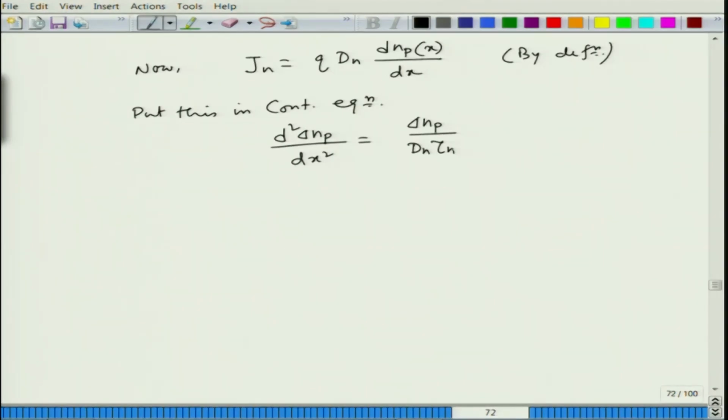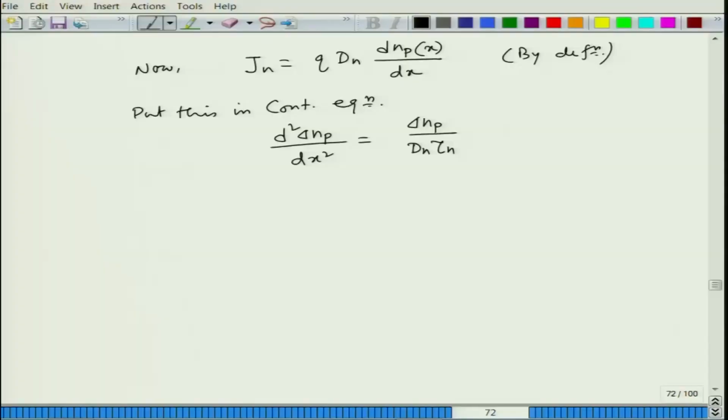And this D n tau n, this is the diffusion coefficient multiplied by the characteristic lifetime. You can see that it gives us a unit of length squared. Okay. If you look at the units, you can as well write it in terms of L n squared.